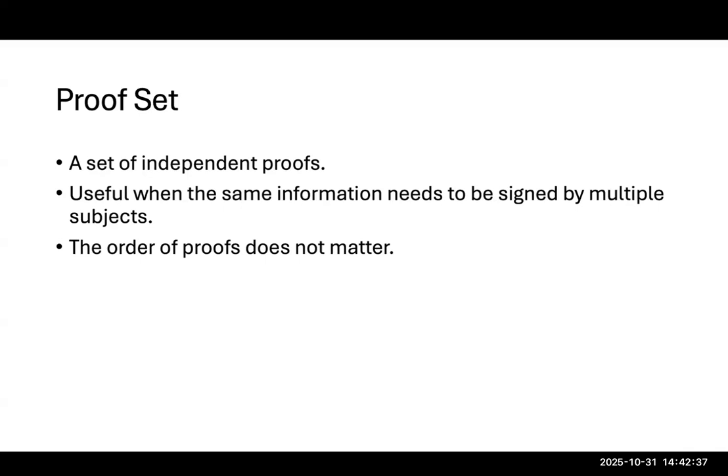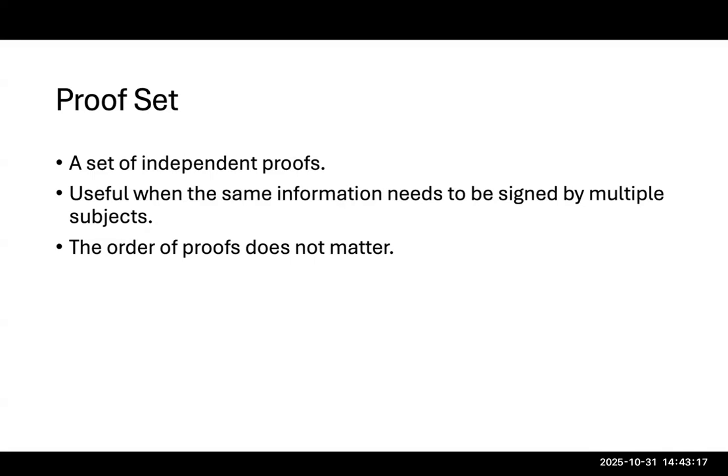For example, the specification allows us to define a proof set. That is a set of independent proofs. This set can be useful, for example, when the document, the information, in our case the verifiable credential, must be or needs to be signed by multiple subjects, multiple issuers or multiple entities.